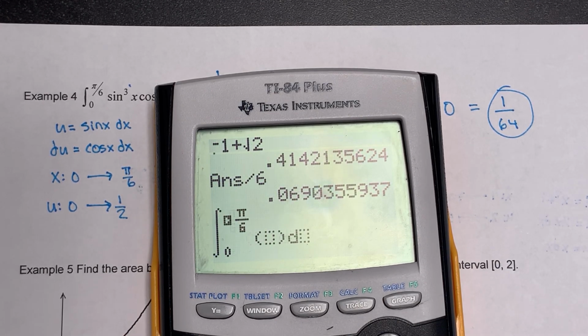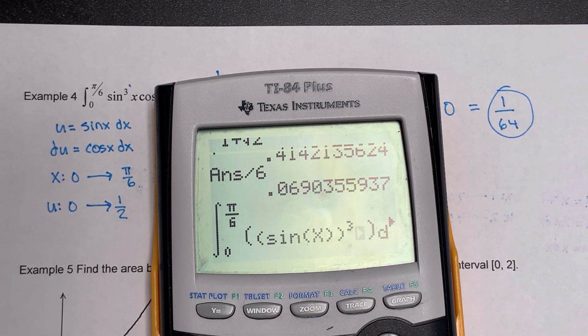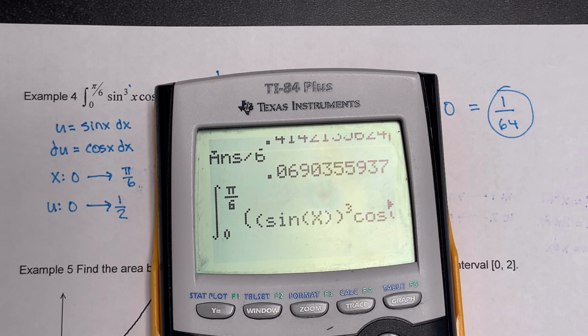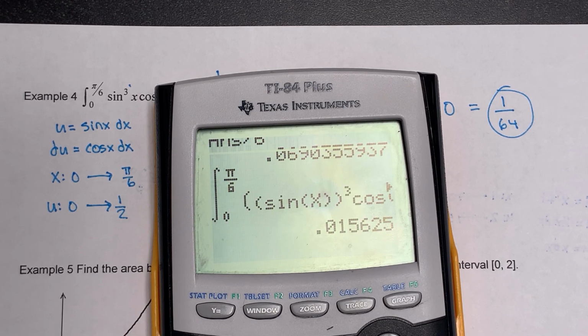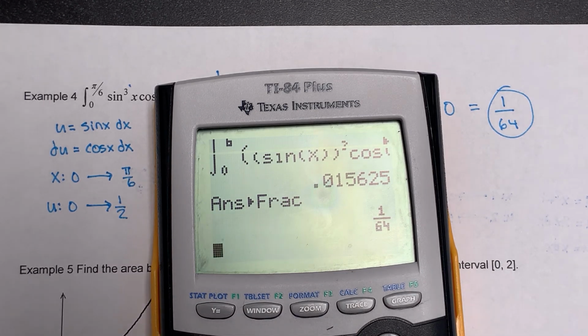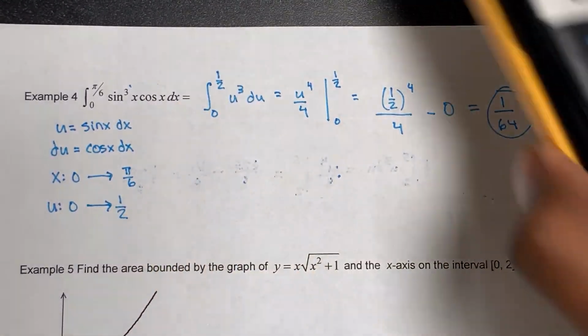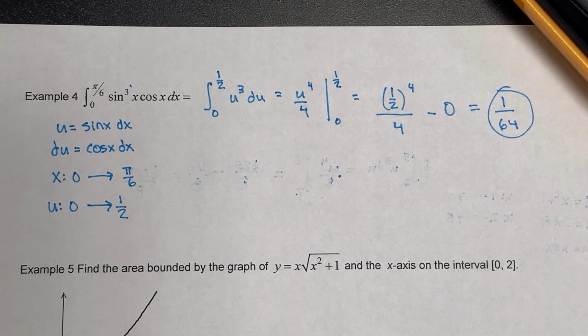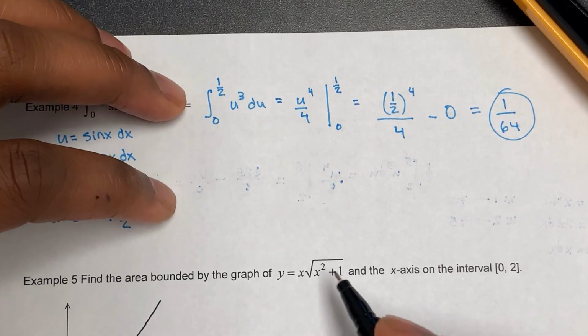So from 0 to pi over 6 of sine x, and we need to cube that, times cosine x, and we'll put a dx. And as a fraction, it's 1/64. So again, the calculator is a way to verify that our area is correct.